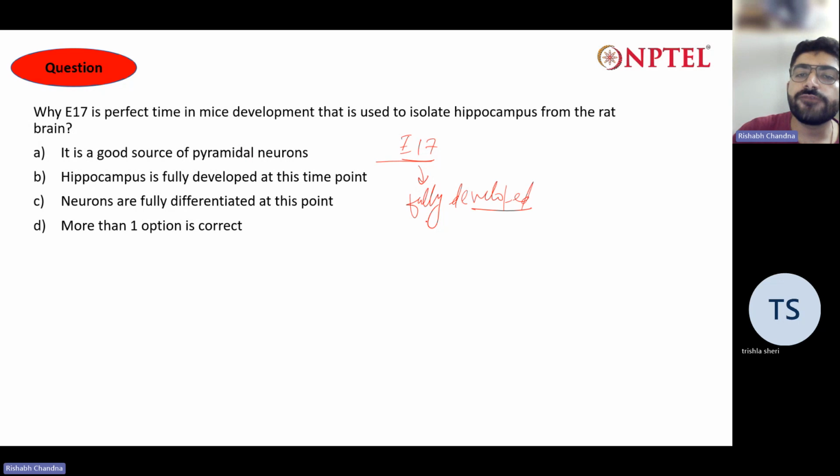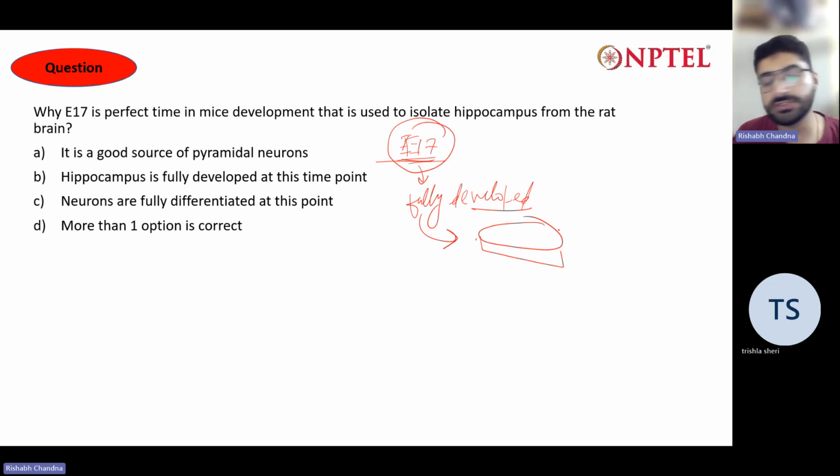So if we have to culture this particular organ and isolate neurons from it, we now know that it is fully developed and it can do its function on its own. So now we can isolate it and grow it in culture and study different aspects that we want to study. For example, in the lecture, it was discussed about Alzheimer's disease. So that's how it is cultured in in vitro conditions.